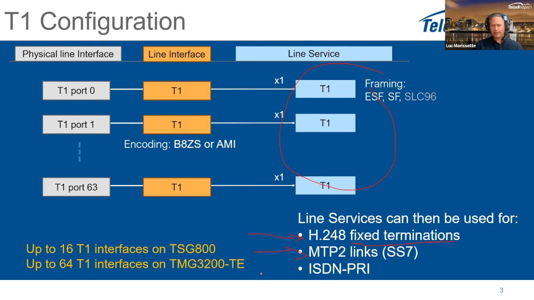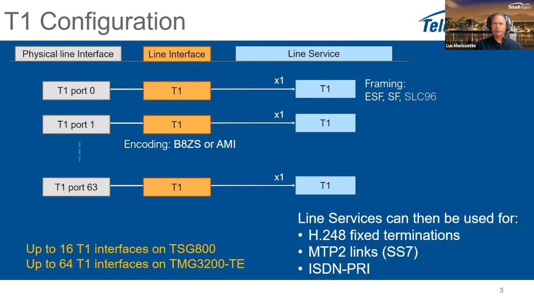You can do the same for ISDN PRI. You can choose one of those T1s to carry an ISDN PRI that will be converted to IUA in the H248 mode. That's the SIGTRAN relay of ISDN PRI. So this T1 can be used for these functions and also for clocking. You may choose one of those T1s to synchronize.